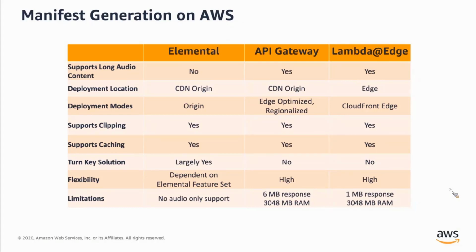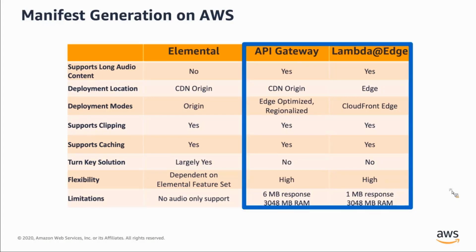Therefore, we had to remove Elemental as an option. That left API Gateway and Lambda@Edge. The difference between these two services is primarily where the compute happens. With API Gateway, compute happens at the origin, and Lambda@Edge happens as close to our users as possible.